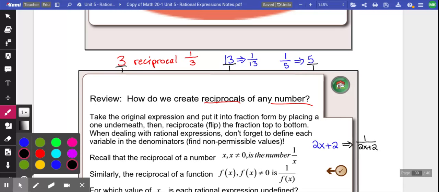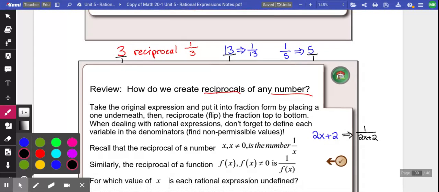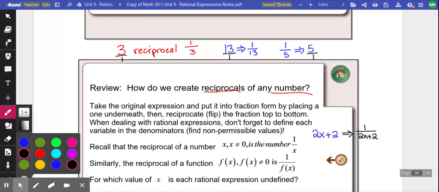That looks familiar from this unit: it looks like a rational expression. And you could do any type of function. If you had x squared plus 3x plus 2, the reciprocal of that function would be 1 divided by x squared plus 3x plus 2. That's a reciprocal function.